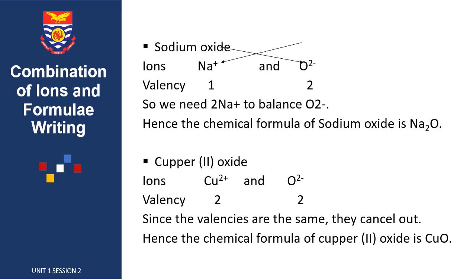In this case, we don't have to write Cu subscript 2 O subscript 2 because the negatives and the positives are cancelling. We didn't do anything to that. They are just cancelling out, so we don't have to touch anything there. Now the C is capital, the U is small, and then O is capital. So we have our chemical formula beautifully written there.